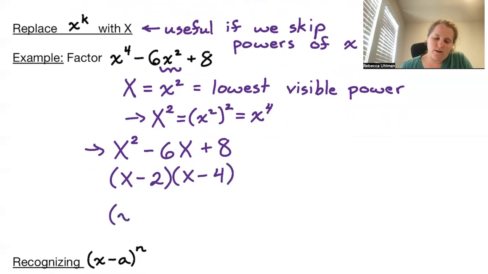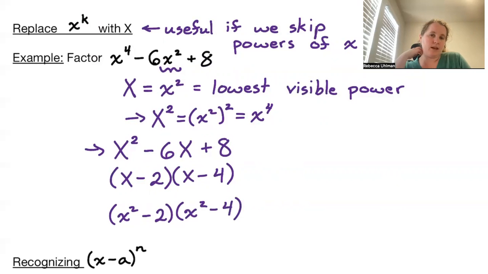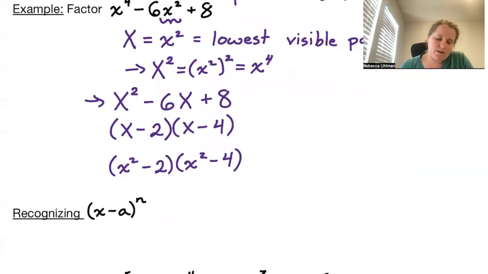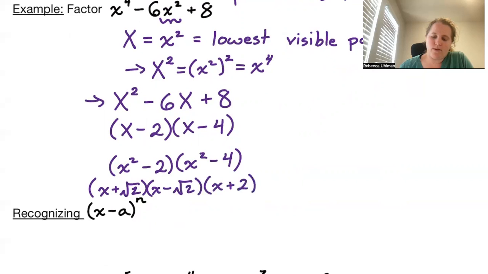And we are looking at x squared minus 2 times x squared minus 4. And then, of course, we can keep factoring as x plus root 2 times x minus root 2 times x plus 2 times x minus 2.